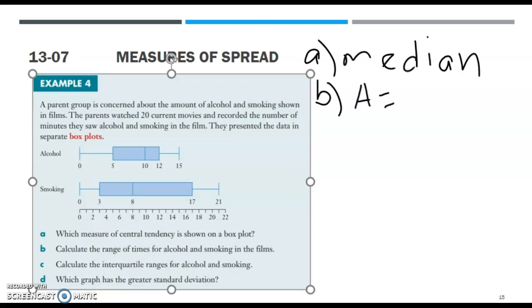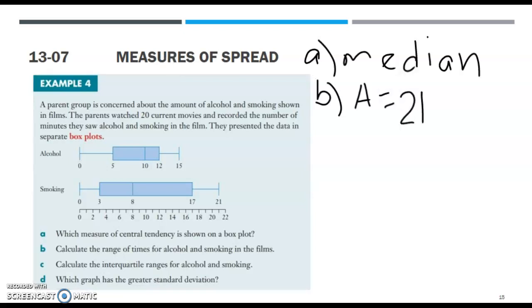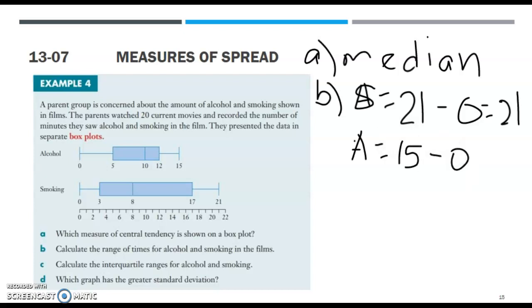So to do that, we're going to go 21 take away 0, so that's the ends of the whiskers, which is 21. Oh, that was for smoking. Now let's look at alcohol, which is the top one. The end of the whisker goes to 15 and the other end goes to 0. So the range of that one is 15.